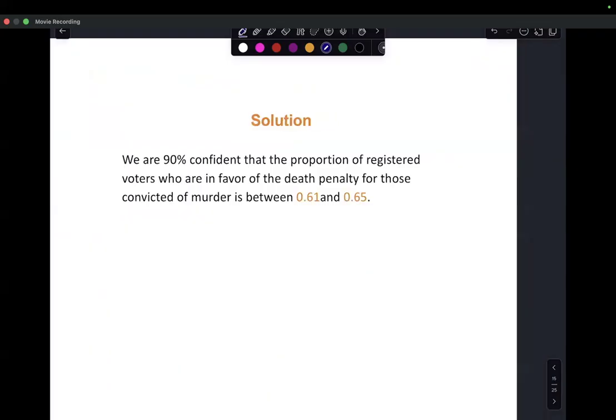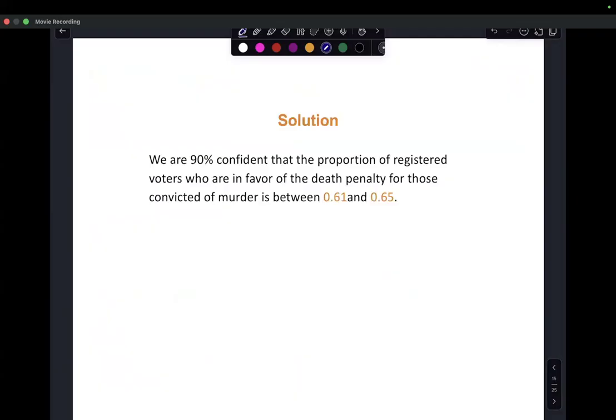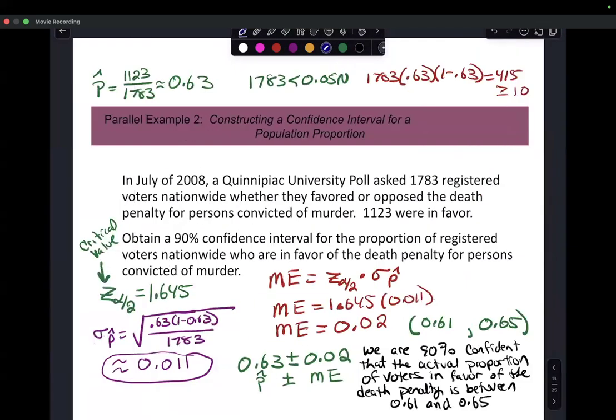I'm still not understanding how you obtain the 90% confidence part. They gave it to us right here. They just told us. They're just going to tell you what they want. They're just going to say, give me a 90% confidence interval. You're not going to be making it up on your own.